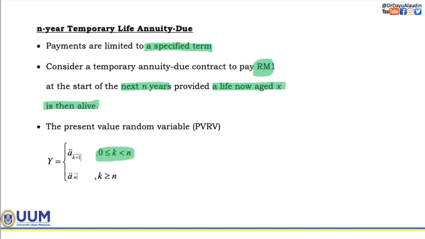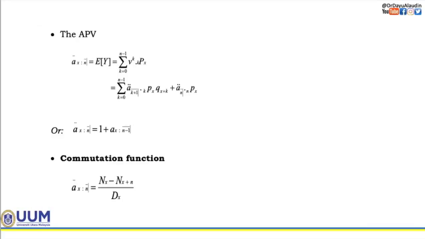So from 0 to n, the APV is this one, and this is for the case where you still survive more than n years, you will get payments until n years. So the present value is v^k kpx. This is for due.